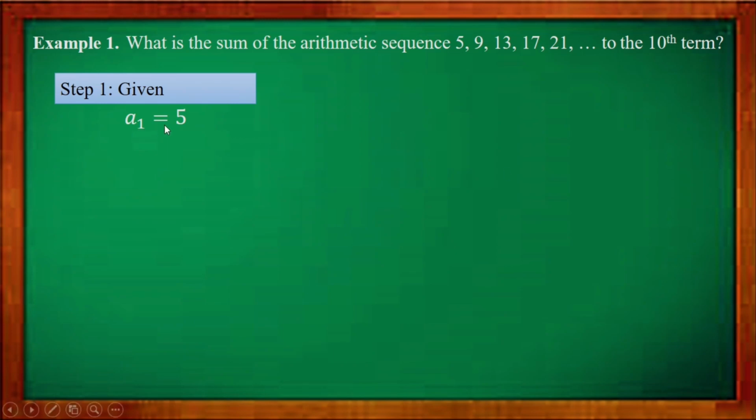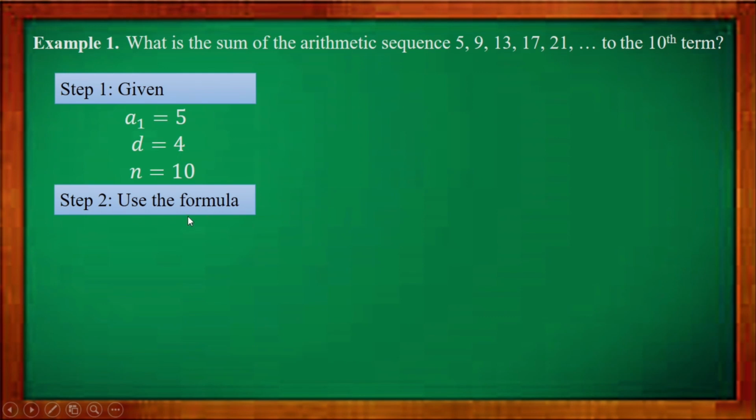The a sub 1 for this given sequence is 5, our first term. Next, d is 4 since 9 minus 5 is 4. Then, n is 10 since we are looking at this sequence up until the 10th term. So we are going to find the sum of the arithmetic sequence until its 10th term.